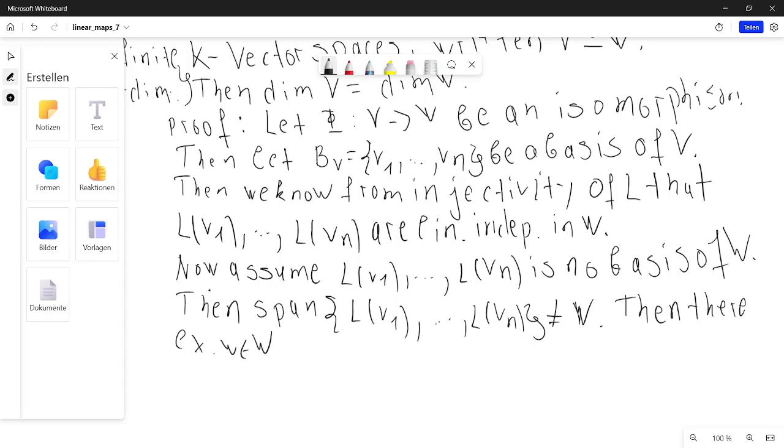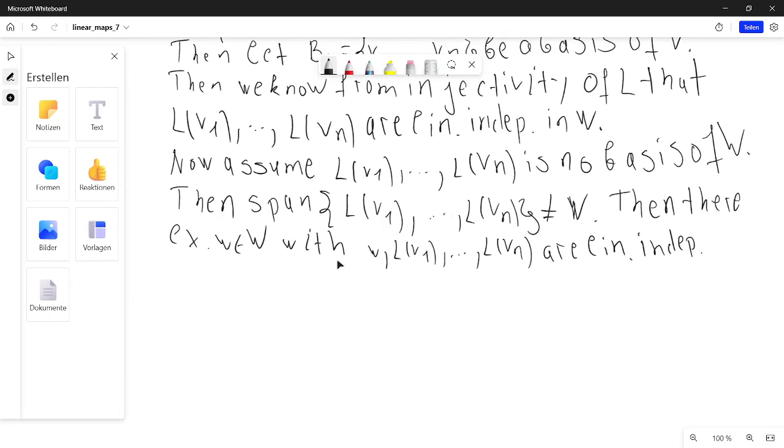a W in W with W, L of V1, ..., L of Vn linearly independent. This is just the formulation of the linear independence that we had, right?